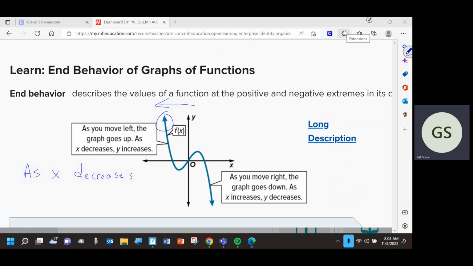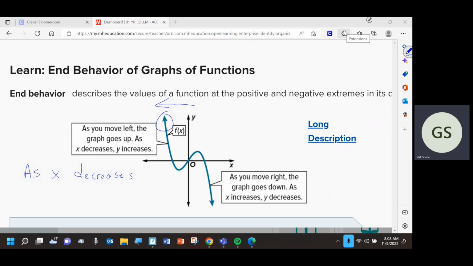Think of a number line. As I'm going left, the numbers are decreasing. If you go right, numbers are increasing. If you go left, they're decreasing. That's all this means. So that's why you're going left, because you want to write as x decreases.